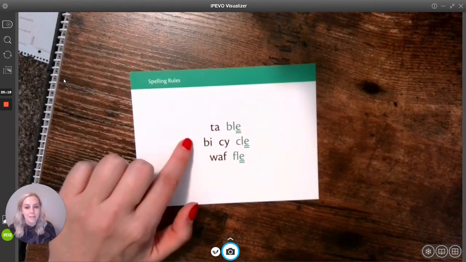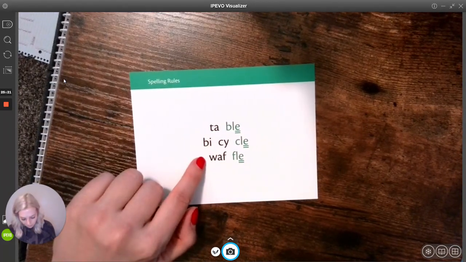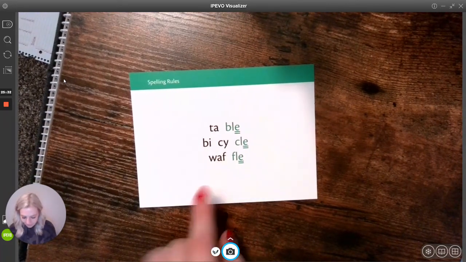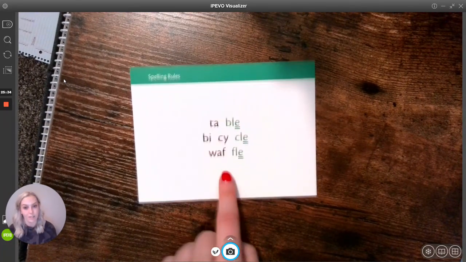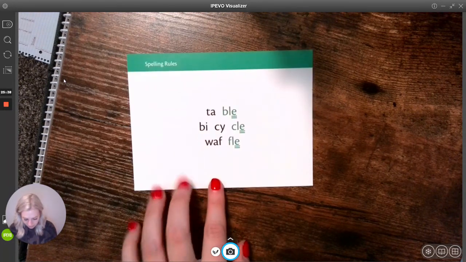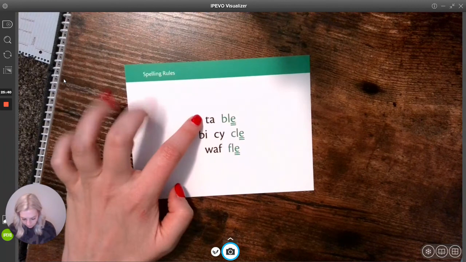Table, bicycle, waffle. Which spelling rule is represented by these words? I just told you. 12.4. Very good. Every syllable must have a written vowel. Good job. Now, look at this one.